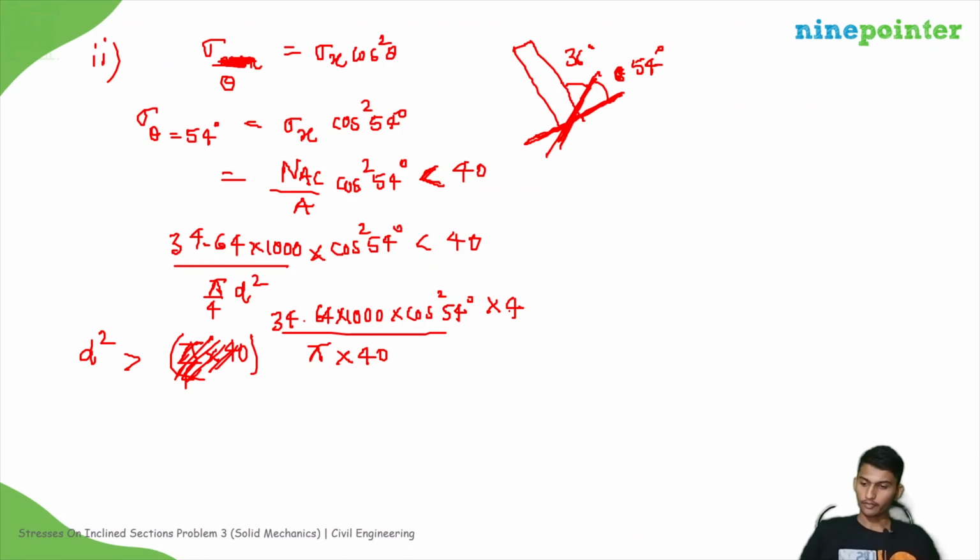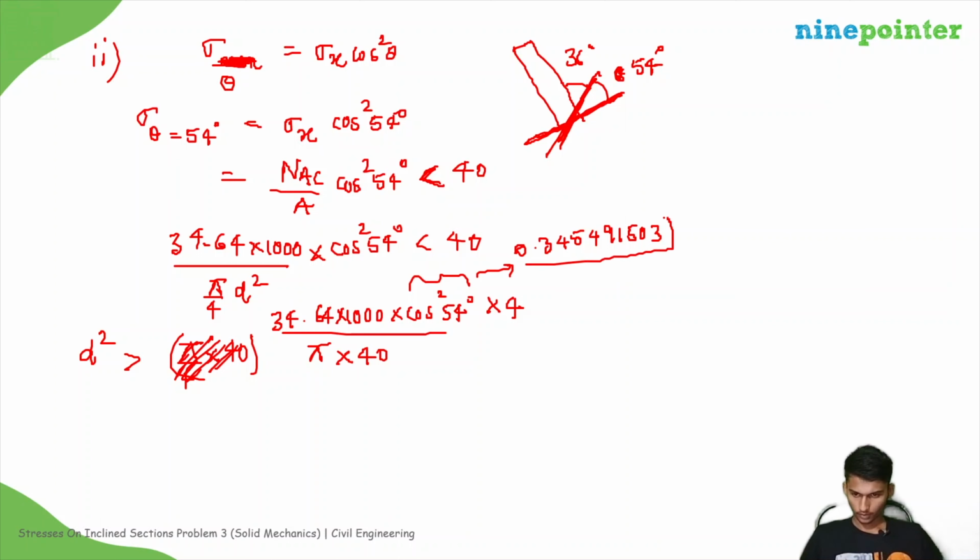The value of cos square 54 is 0.345491503 as seen in the calculator.